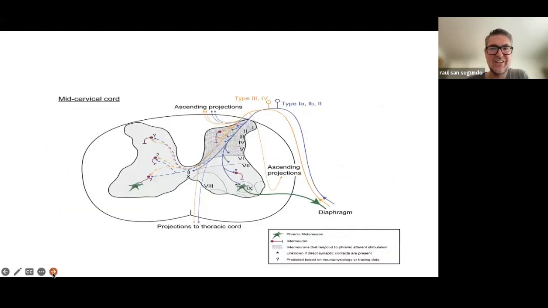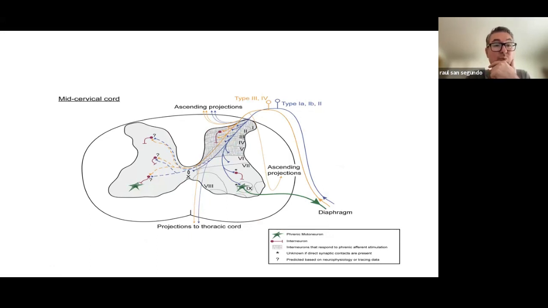Okay, here we've got how the afferent fibers of the diaphragm are going upwards, they're doing some ascending projections and they get to the C4. Right now here in the C4, it's called the dorsal nucleus of the phrenic nerve.